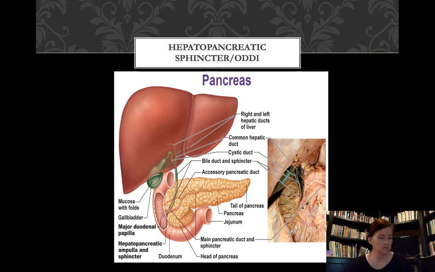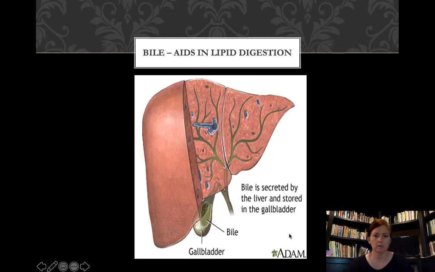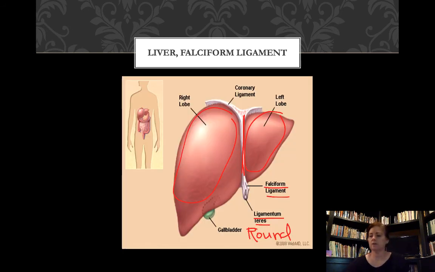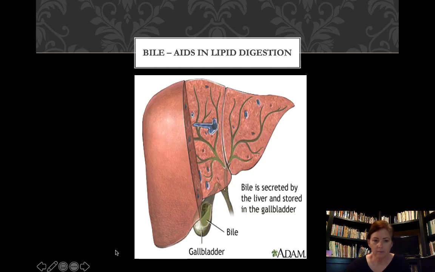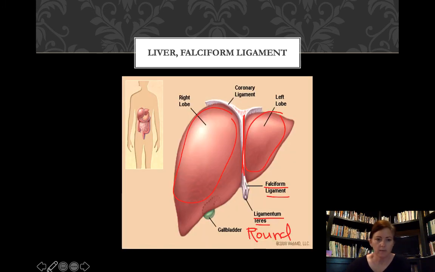Our next accessory organ of digestion is going to be gallbladder, and that's basically, here it's tucked right underneath the liver and kind of behind it. And gallbladder is kind of interesting because it's like this small muscular sac.